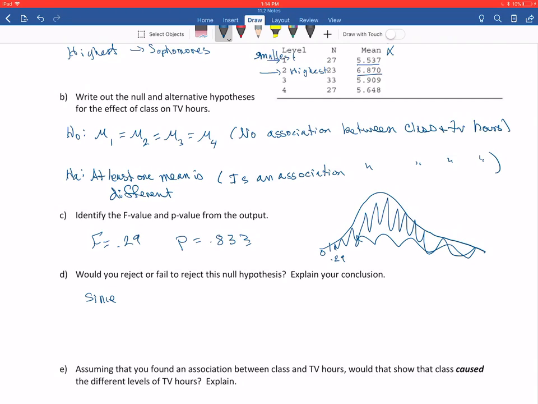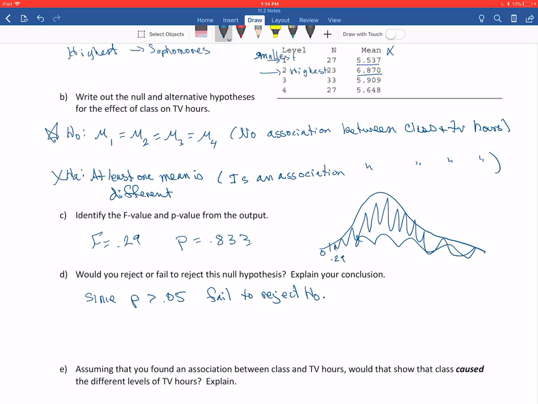So based on that, since this is much bigger than 0.05, they didn't tell us what to use, so we'll default to that. When P is large, we fail to reject. So in this case we're failing to reject, so we are sticking with the null. We're not going alternative, we're sticking with it.